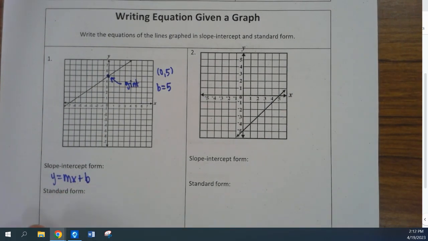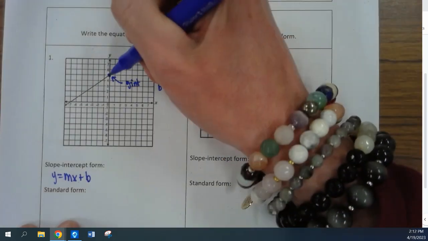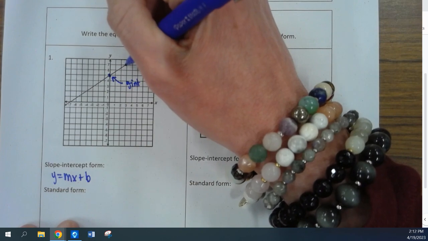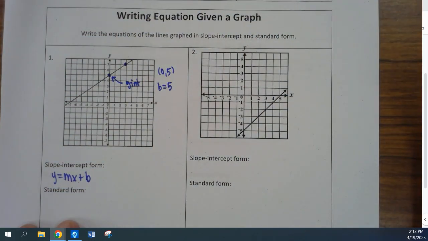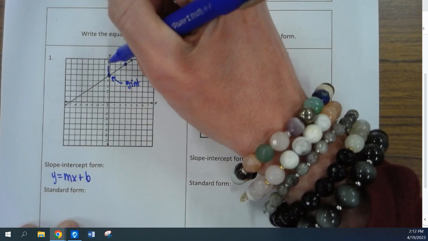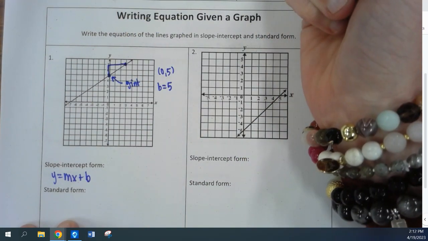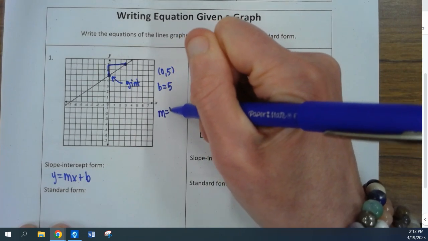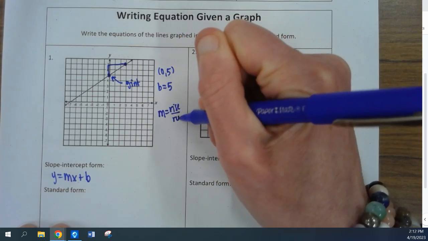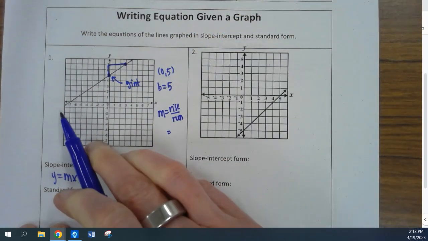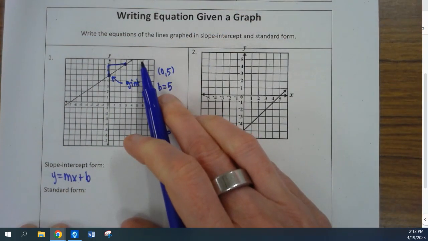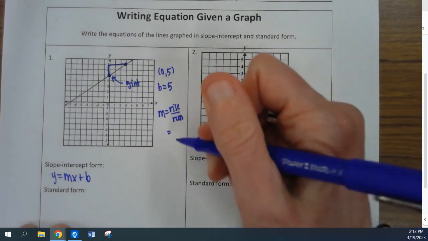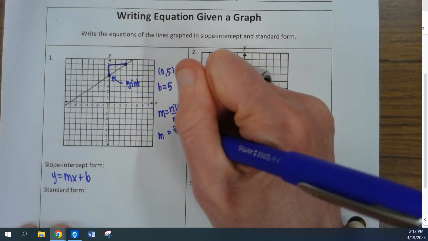So to get slope on a graph, we can trace the graph until we find where it hits the corner of a box, find 2 points on our graph, draw our slope triangle, and then we can use our meaning of slope as rise over run to find our value. So in this case, it's an increasing line, so my slope is positive. Between these 2 points, there's a rise of 2 and a run of 3. So my slope is going to be 2/3.